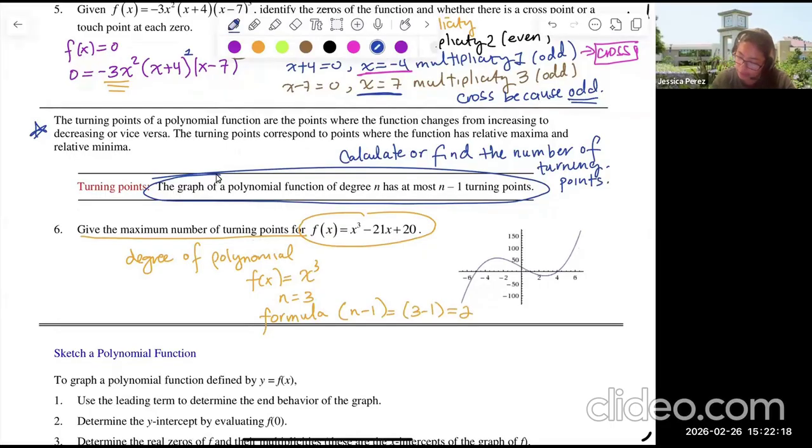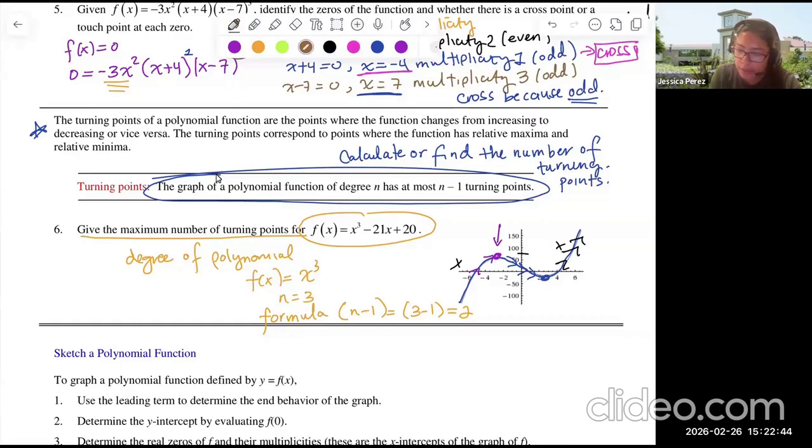So notice that you have something that's increasing, then it's decreasing, and then increasing again. So increase, increase. I have a point right there, and then it starts to decrease. I have another point right there, and then increase again. So changing orientation: plus, minus, and then plus again.